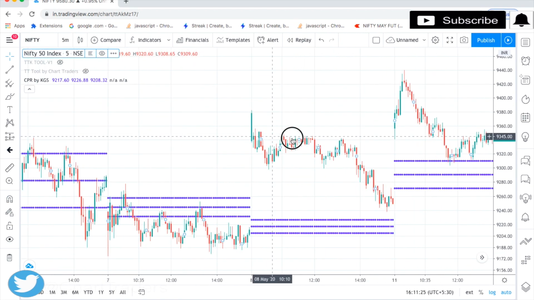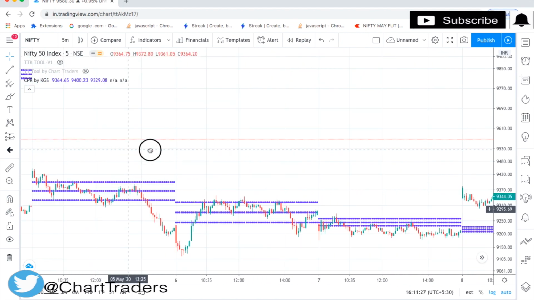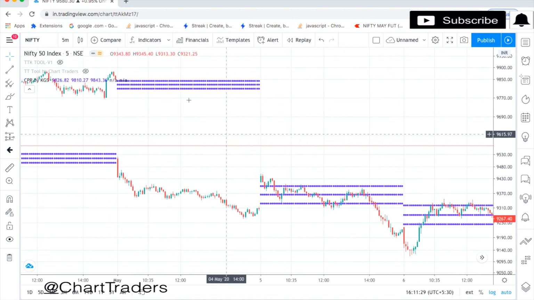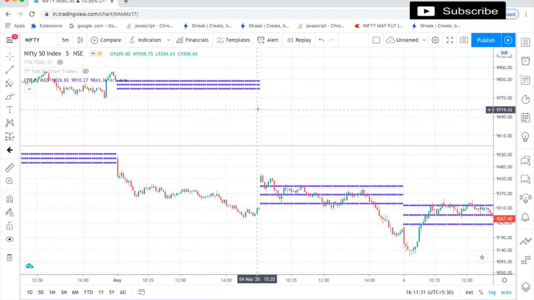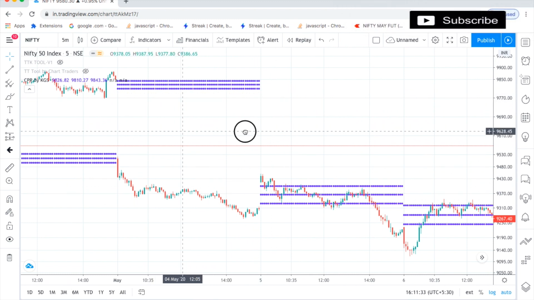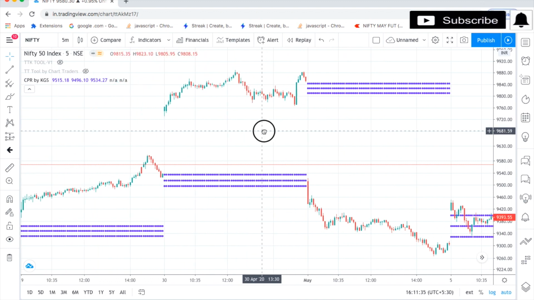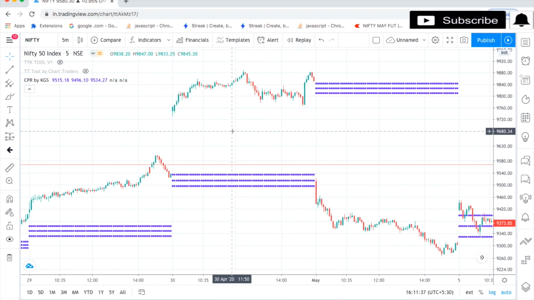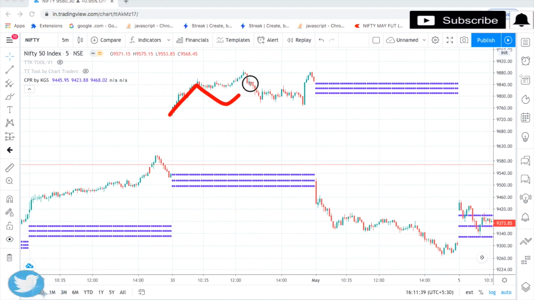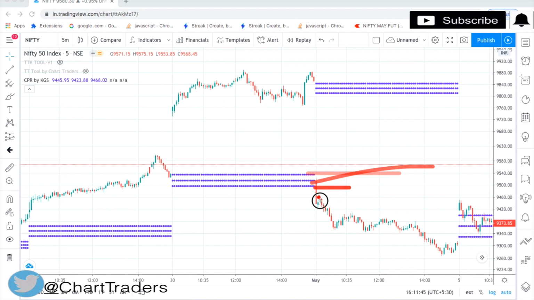Let's see one more example. Price is below but won't go up to this level. Here price is above the CPR, so we extend this line, but on the next day it came down.